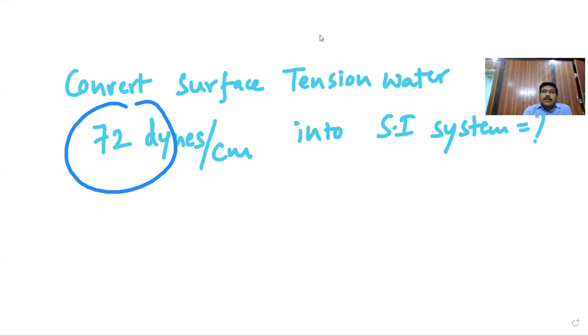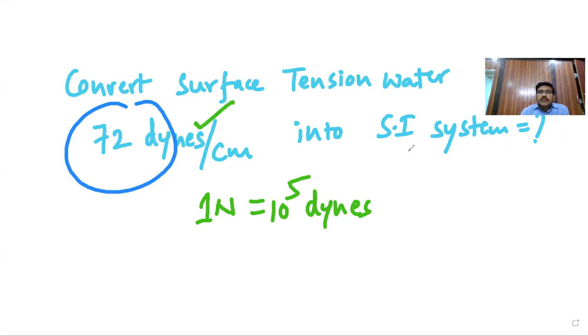Okay. Now, observe carefully. Here we have a fundamental conversion. 1 Newton is 10 to the power of 5 dynes. This is the CGS system he has quoted us. We want to convert into the SI system. We know this basically, from the previous classes we have seen.